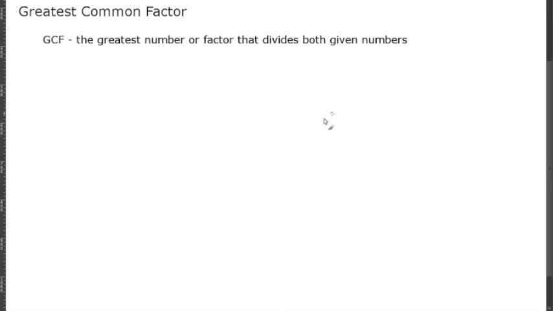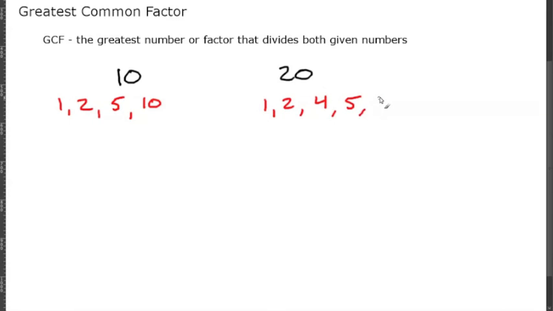Say I give you the number 10 and the number 20. Starting with the first method, let's find all the factors. So 10 is 1, 2, 5, and 10. For 20, we have 1, 2, 4, 5, 10, and 20. 1 is similar, 2 is similar, 5 is similar, and 10 is also similar.